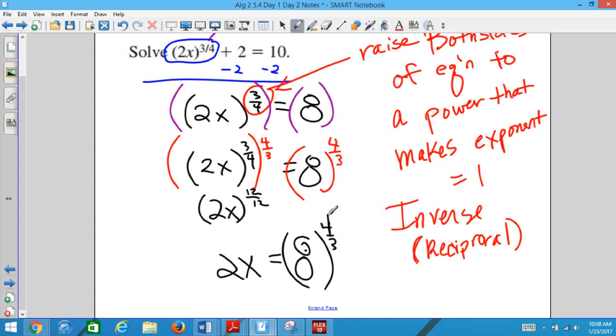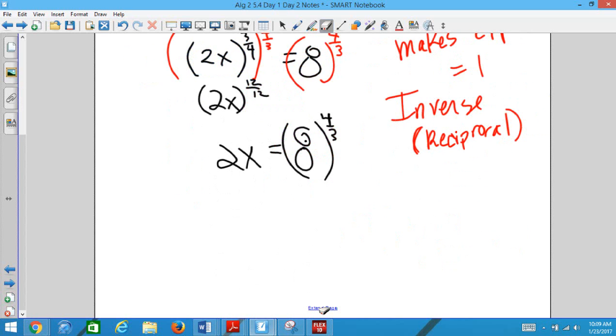Are you following me? We're just multiplying by the reciprocal of the exponent. When you raise a power to a power, you multiply the exponents. So we're not adding the exponents. It would have been 1/4 if we were adding, but you have to multiply them, so we have to use the reciprocal.